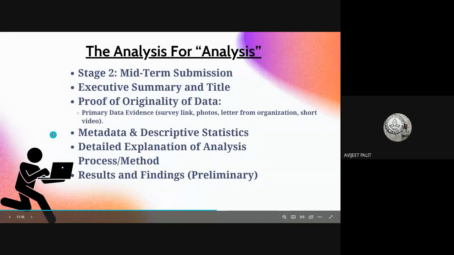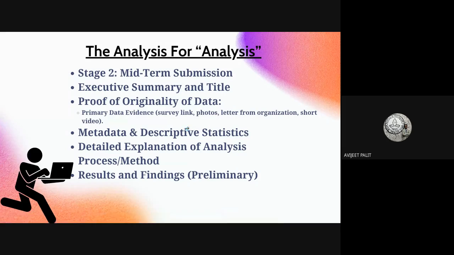Next comes the metadata and descriptive statistics part. What is metadata? Once you have the problem statement, you think about what data set and what metrics are required to solve it, an intuitive one basically. Once you receive the data set, it comes with some columns, for example total cost, total amount, maybe some ID.